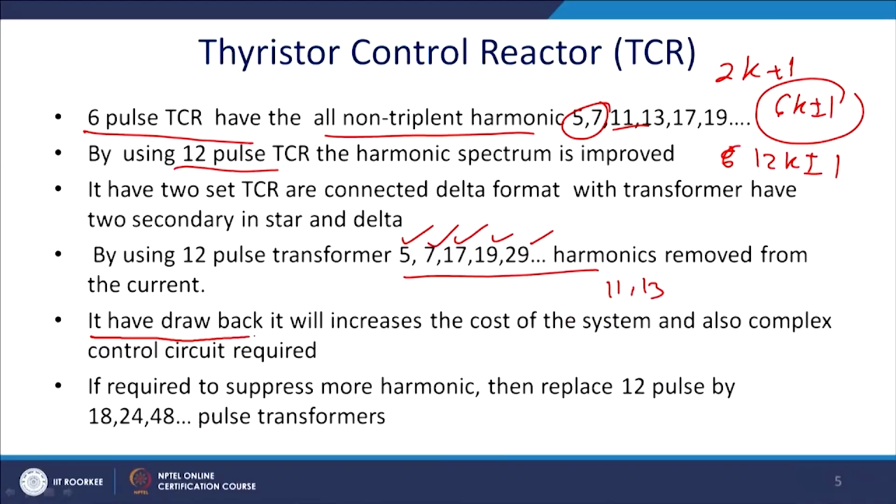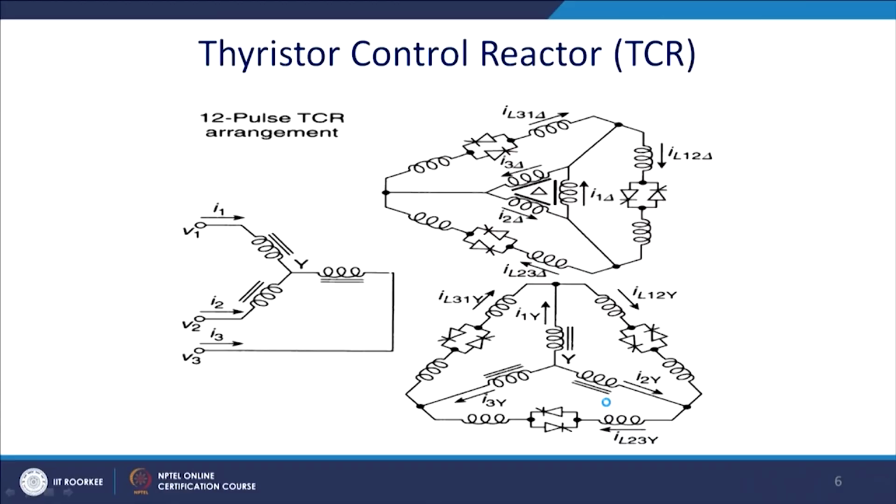For this reason it has a drawback and will increase the cost of the system, because you have to put a lot of thyristors and we require very complex circuitry to control those thyristors. And where we require to suppress harmonics, we sometimes replace this 12 pulse by 18 pulse, 24 pulse, 48 pulse transformer and so on.